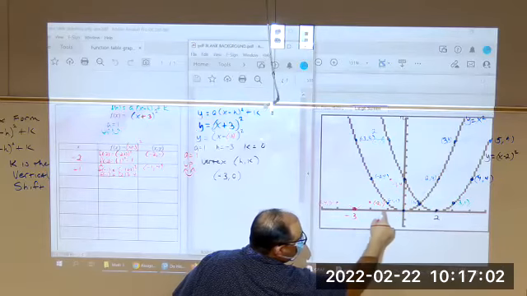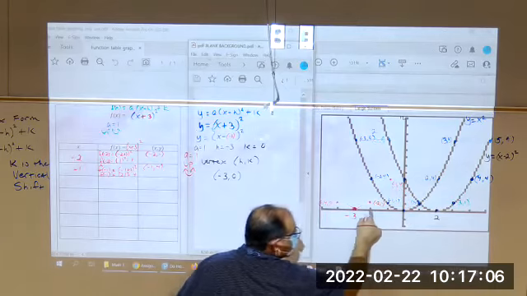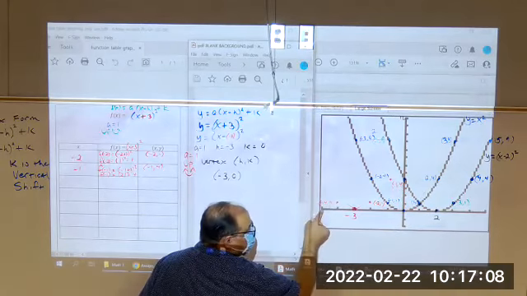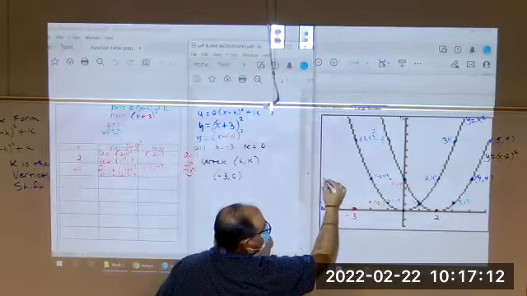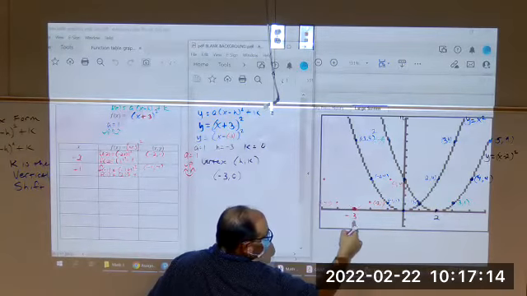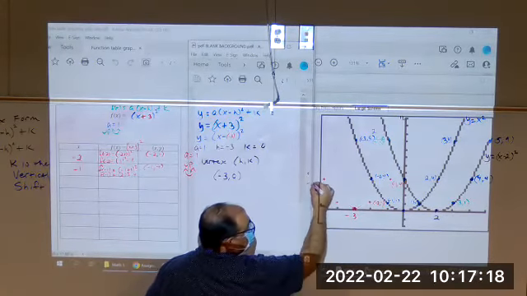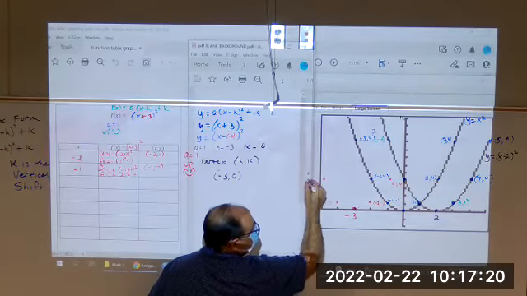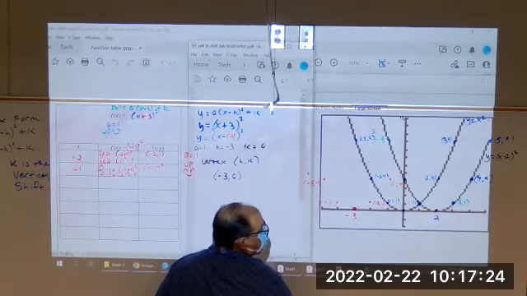So if I go 2 to the right, I get a y value that's a 4. So when I go 2 to the left, I'm going to get a y value that's also 4. So 2 to the left, -3, -4, this is -5. That's 1, 2, 3, 4, 5 points.